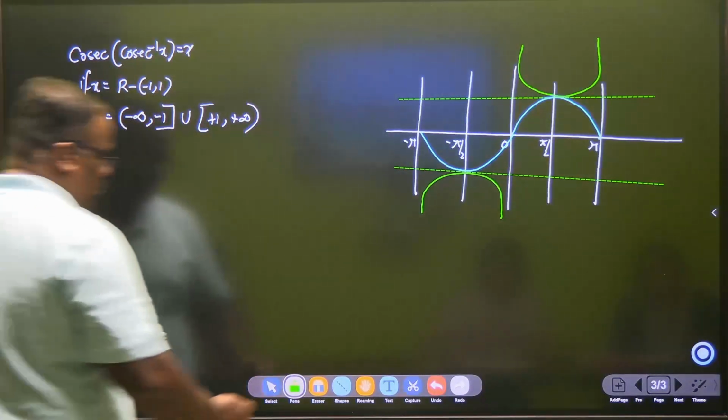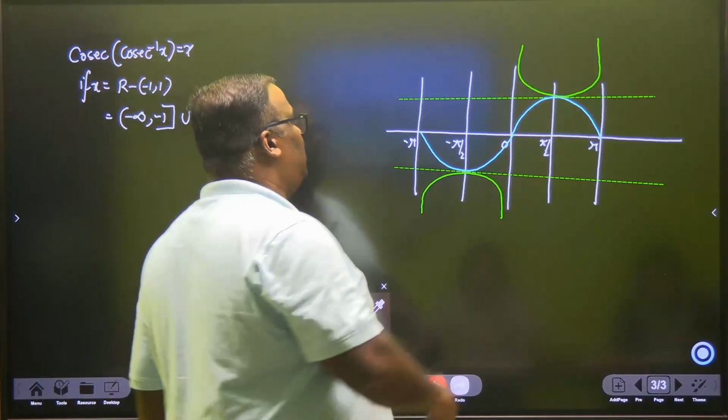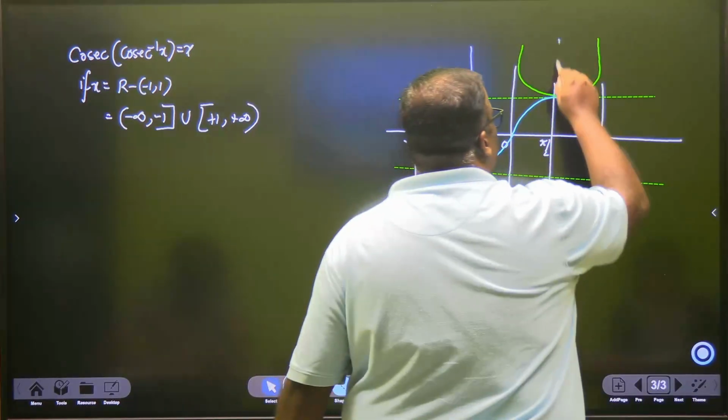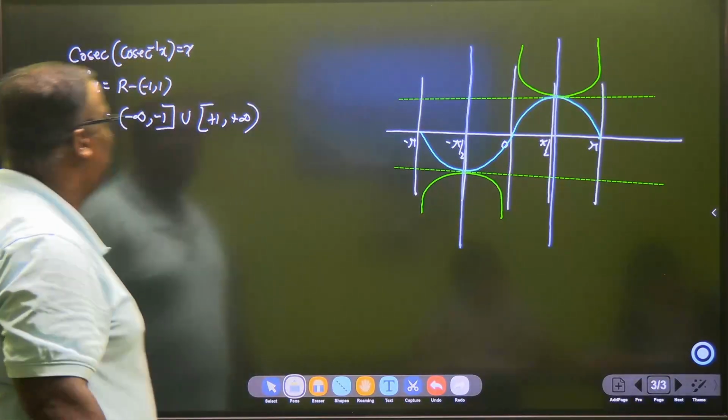So if we are supposed to play with cosec, then how do you find the principal range? The principal range will be this and this. However, 0 is not allowed as an input. Clear?